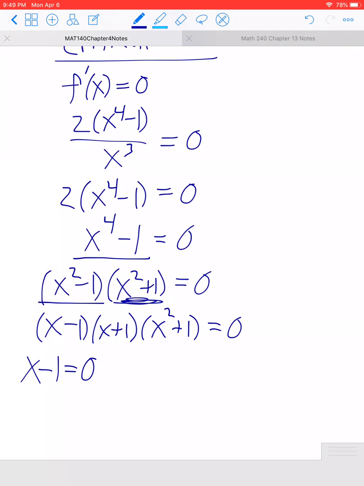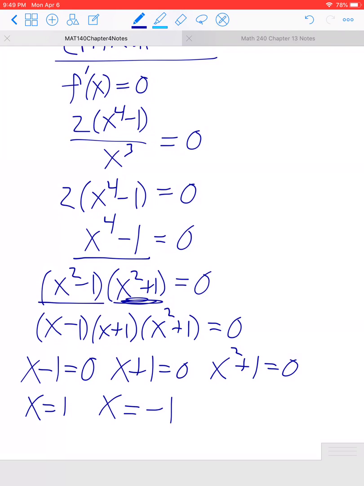X minus 1 equals 0, x plus 1 equals 0, and then x squared plus 1 equals 0. Add 1 to both sides, we get x equals 1. Subtract 1 from both sides, we get x equals negative 1. And then for this last piece, you would have x squared equals negative 1, which would produce two imaginary solutions, x equals plus or minus i. We're only interested in real valued solutions here, so essentially we don't get anything else from that last term.